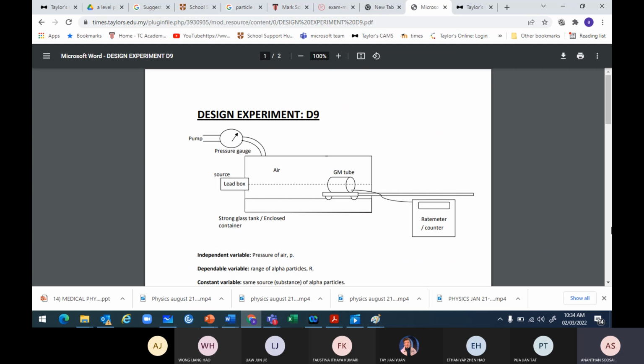When you put it closer here, maybe the reading is 5000. 2000 by the background, 3000 by this radioactive source. So you have to move it until the reading for the first time drops to 2000, the background radiation. When it comes to the background radiation, the radiation of that substance doesn't reach that point. That's the range.